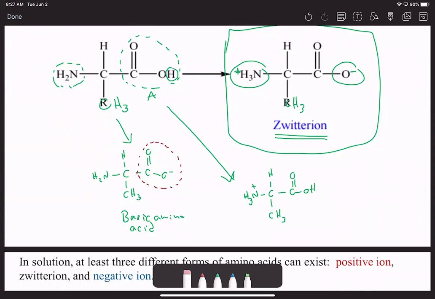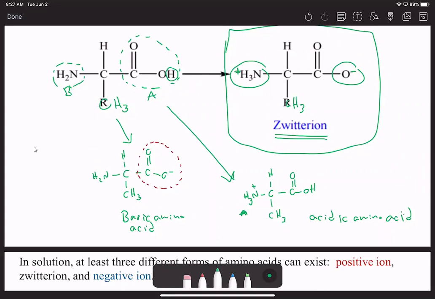So this carboxylic acid, here, if this is my base, well, then this must be my conjugate acid. So this becomes an acidic amino acid. So these can all potentially occur in a solution.